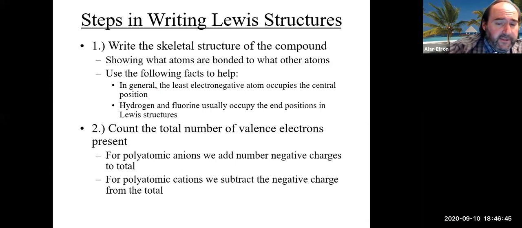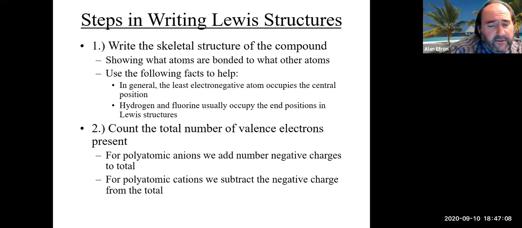In general, the least electronegative atom will end up in the middle of the molecule. So when you go to draw a Lewis structure, usually your least electronegative atom should occupy the center position. In most cases, everybody else should be attached to it.